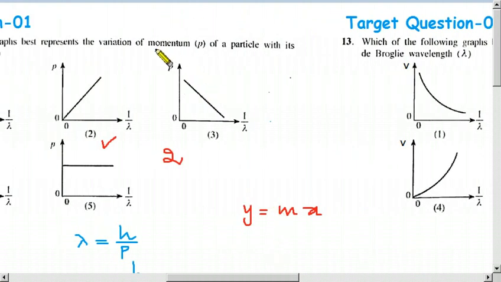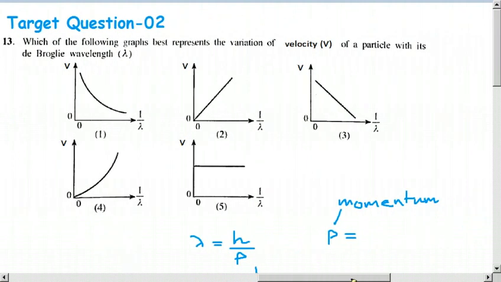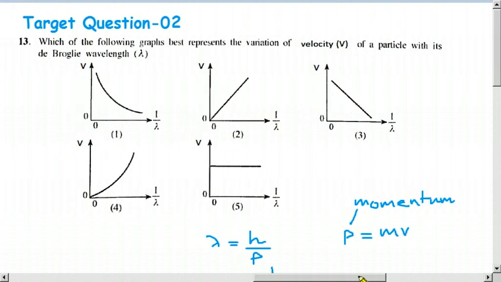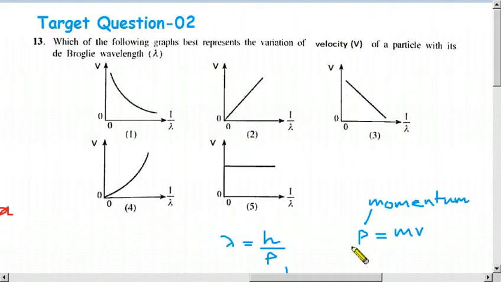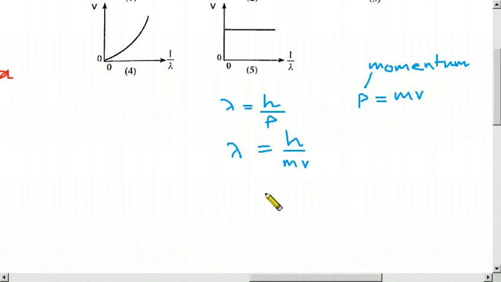Here it was momentum they had taken, but here we have taken velocity. So that is mv, linear momentum. What they have taken on the y-axis is v, therefore we have to isolate v here. So the left side is okay. Now we have to take 1 over lambda on the x-axis.